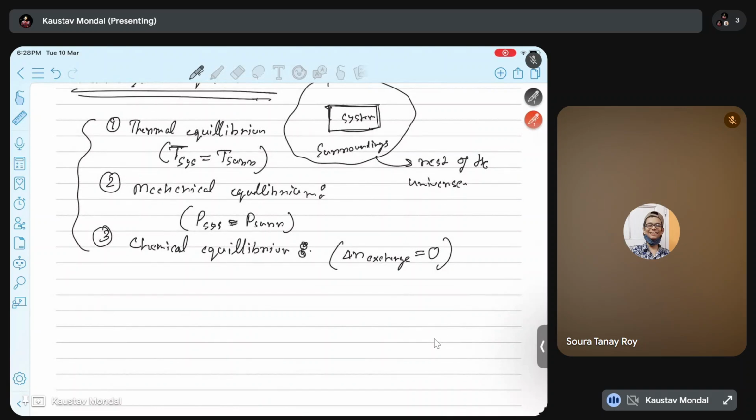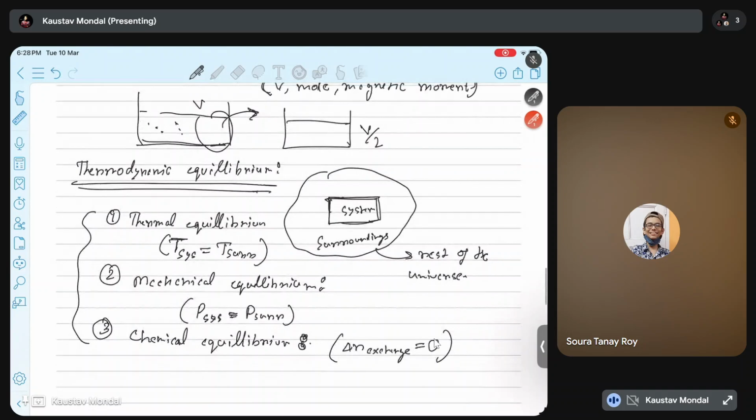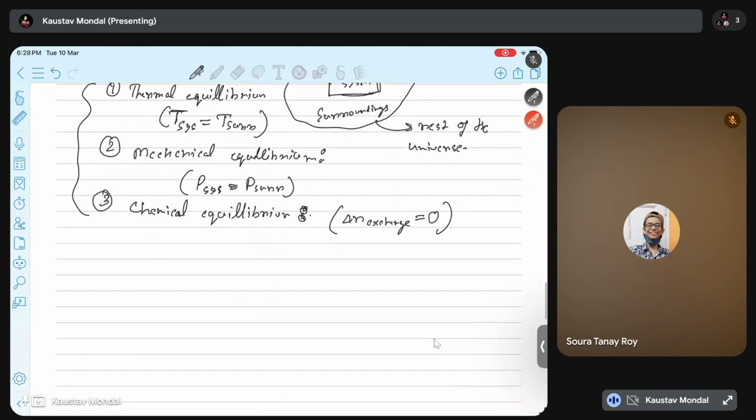Now next, there are basically four types of systems. These names are important when you solve problems, because in the problems they mention different types of systems.